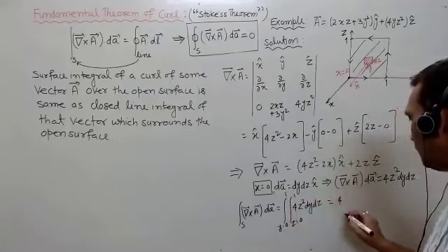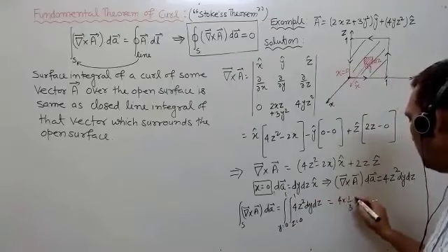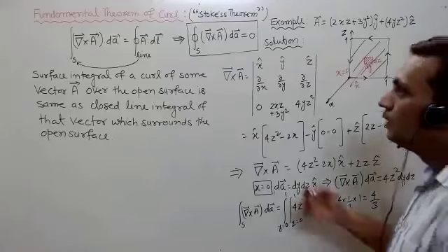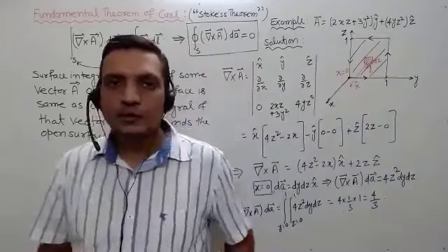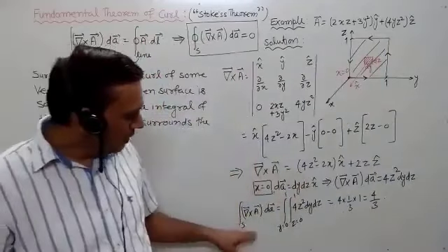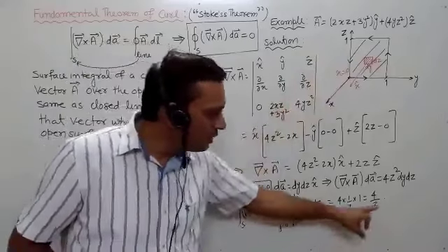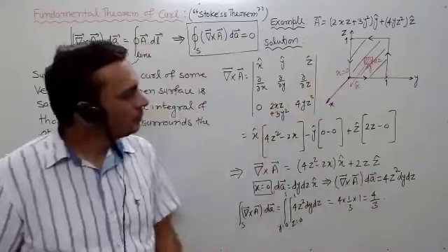So this is 4 into 1 by 3 into 1, which is 4 by 3. So the left hand side integral, del cross A dot dA over this open surface, is 4 by 3.